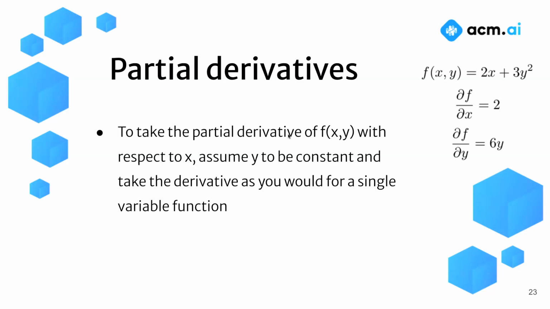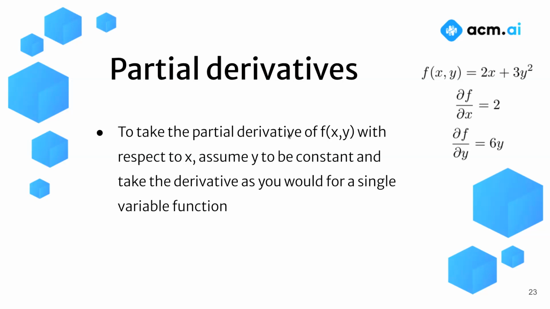Let's say we want to find the rate of change with respect to the variable x. How is this function changing as x changes? We calculate a regular derivative, but any variable that is not x gets treated as a constant. That was a lot of words, but hopefully if we go over this example, it will make a little more sense.